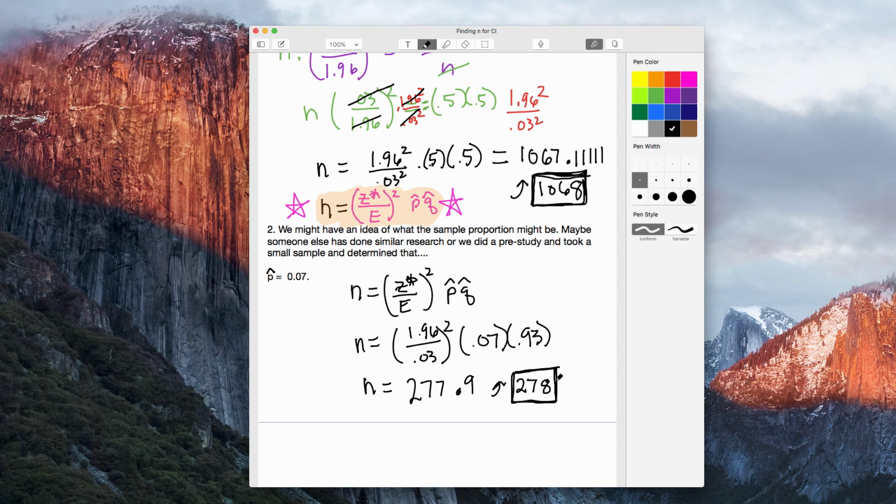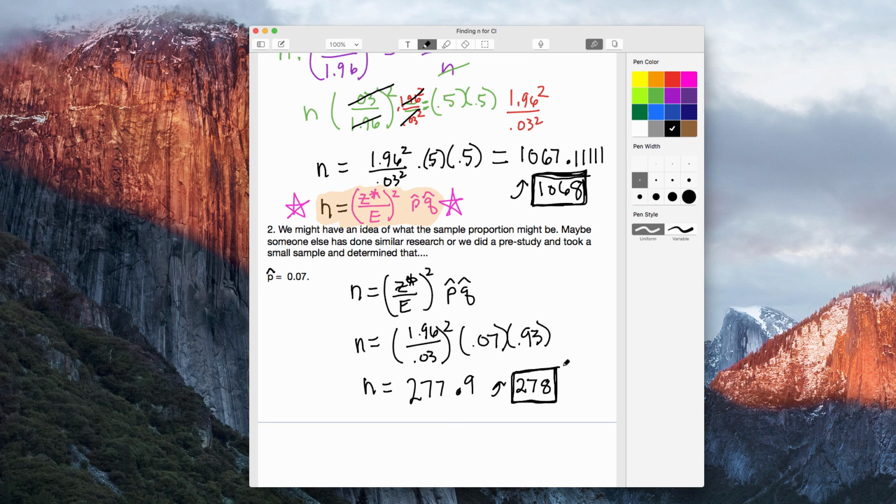So it takes fewer people to get that desired 0.03 margin of error. If you're paying someone $100 to be in your research, paying 1,000 people is a lot more expensive than just paying almost 300 people to be in your research.